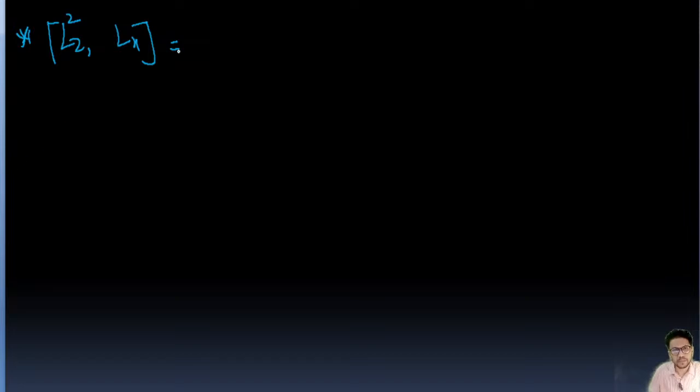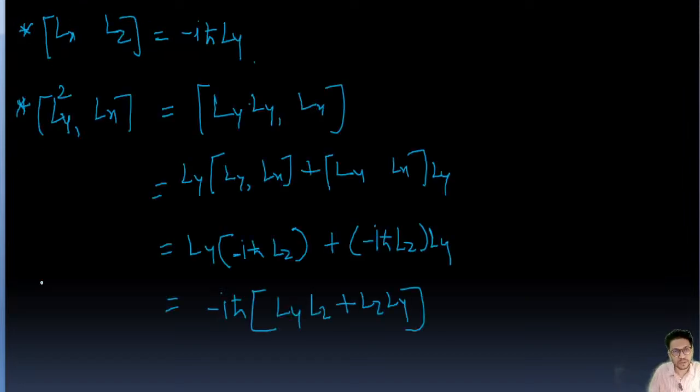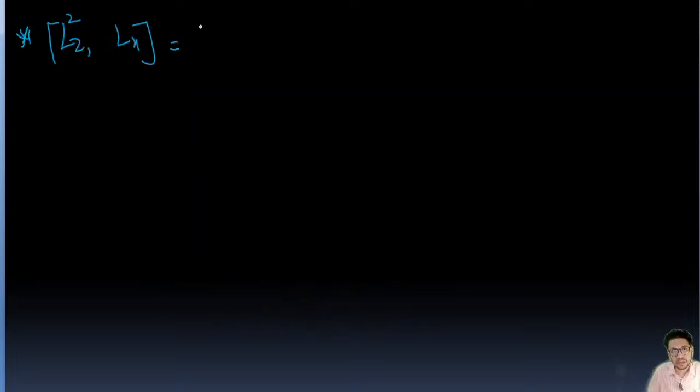This is not in cyclic order, that's why we have this order, minus iota h cut Ly Lz Lz Ly. In a similar way, we can write here iota h cut because it is in cyclic order, and this is going to be Lz Ly, Lz Ly plus Ly Lz.